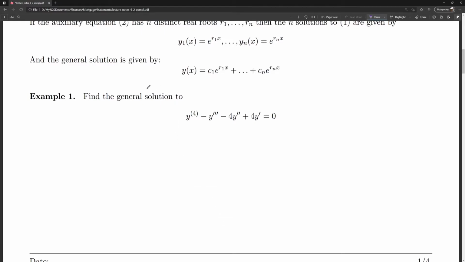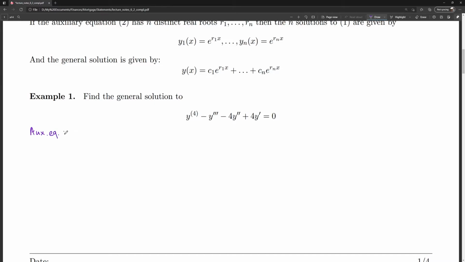We want to find the general solution to the fourth derivative of y minus y triple prime minus 4y double prime plus 4y prime equals 0. So the first thing we do is we want to find the auxiliary equation.